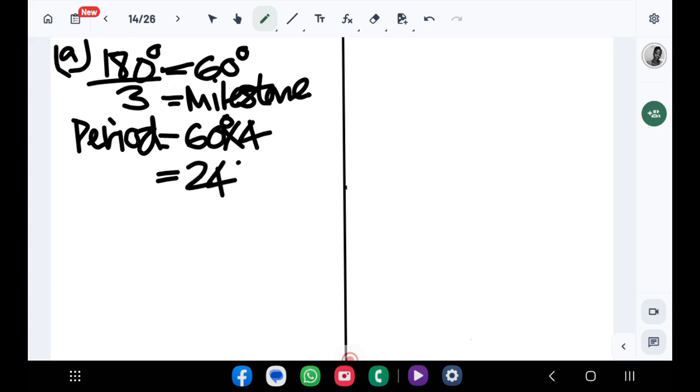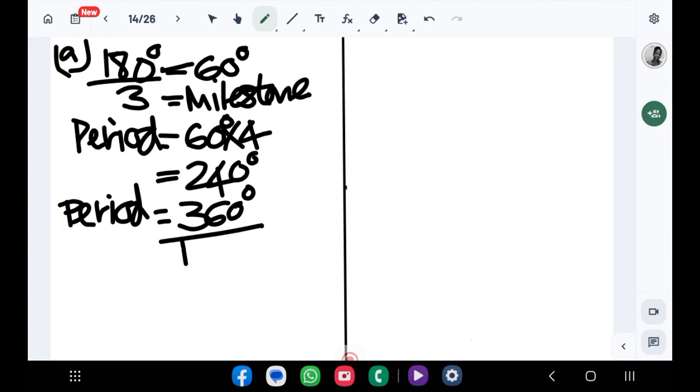That's our period. But notice something also. The period equals 360 degrees divided by the absolute value of k. Meaning that therefore the absolute value of k is equal to 360 degrees divided by the period.